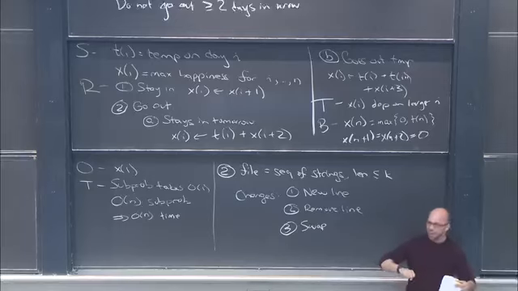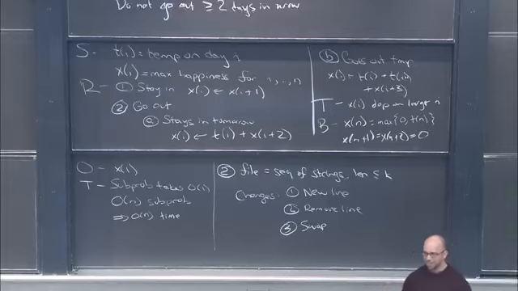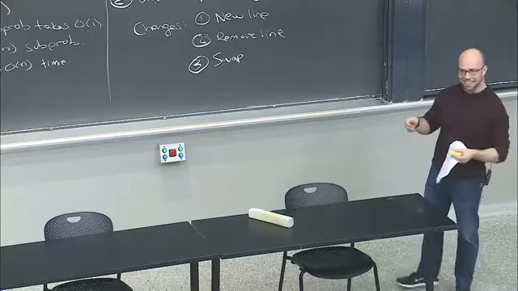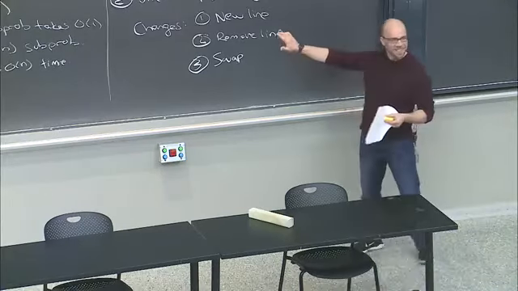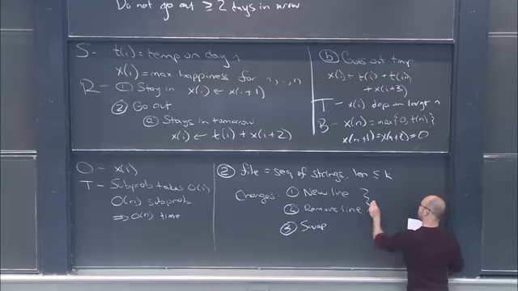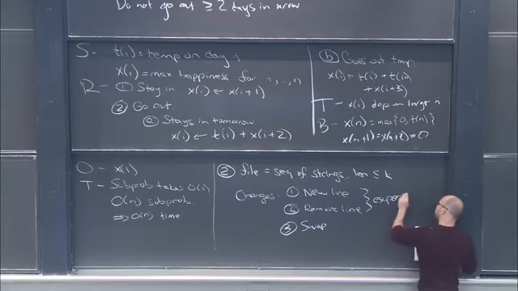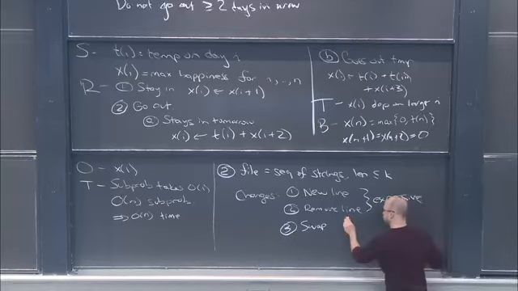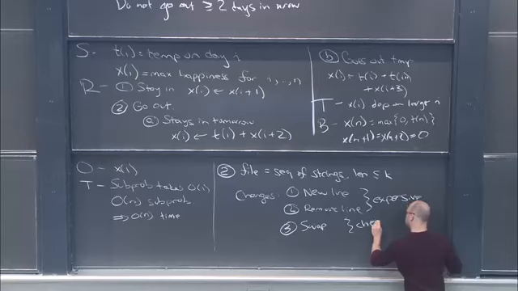But if I want to add a line to my file, I have to go to the Tigris and Euphrates and pull out a stone. It's a lot of work to make a new line or to dispose of one. So these are expensive, and this is cheap.